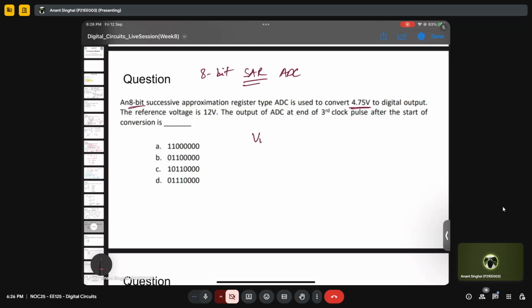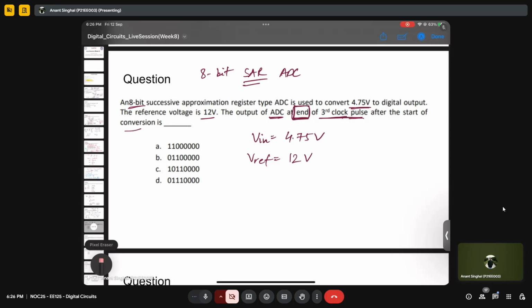That means the input of this ADC is 4.75 volts. The reference voltage, Vref, is given as 12 volts. It is asking for the output of the ADC at the end of the third clock pulse after the start of conversion. The word 'end' is a keyword here.